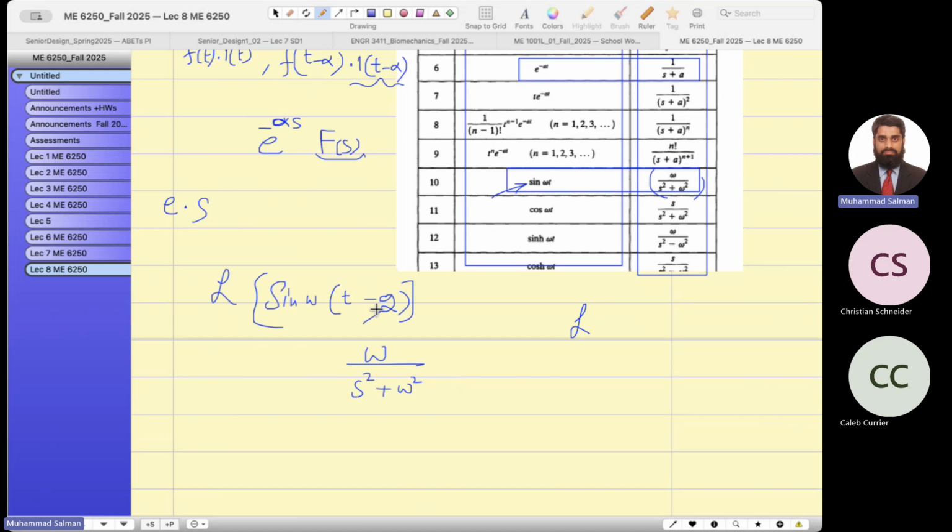But now I have to take the delay into consideration. How are you going to use this? I'm going to multiply by the exponent of negative 2 times s. You see my point? That's the complete correct formula for the Laplace transform of a function with a delay in the time domain, which you multiply with the exponent function in the Laplace domain.